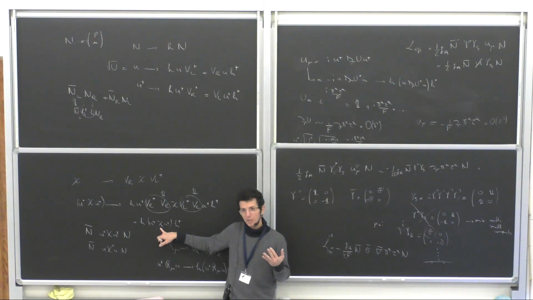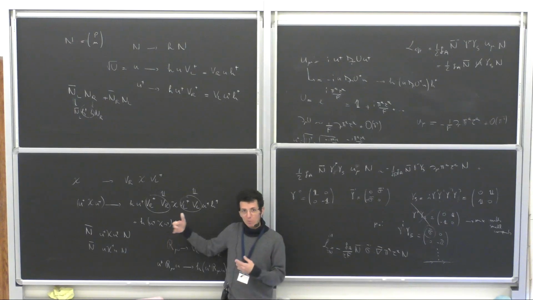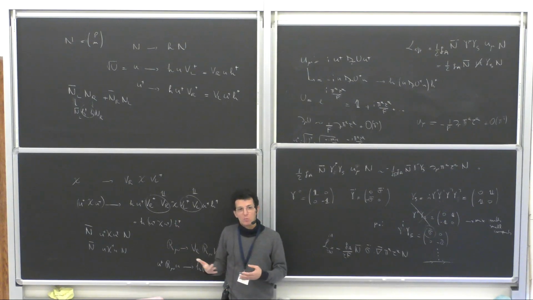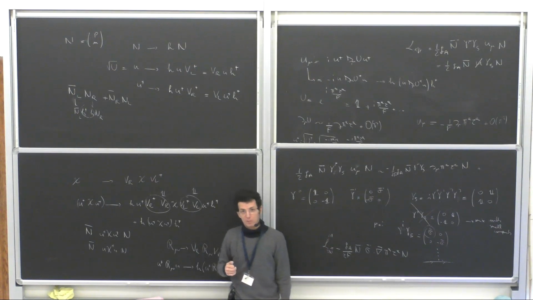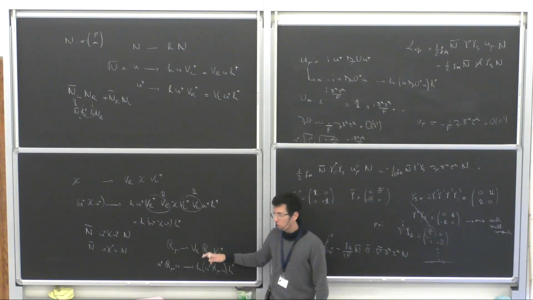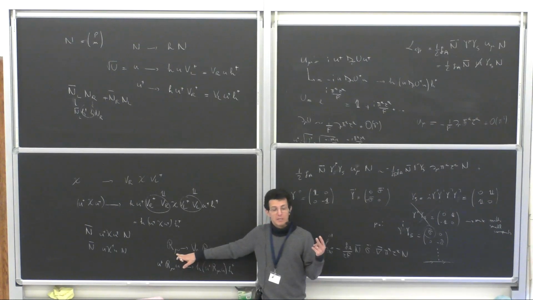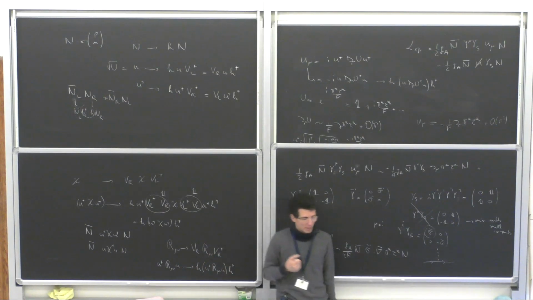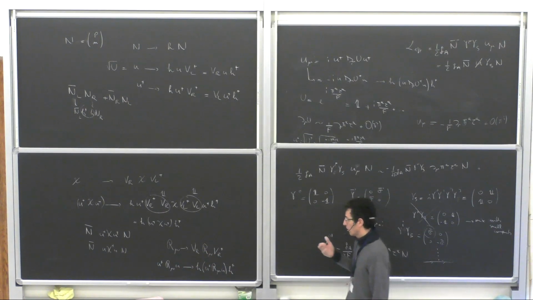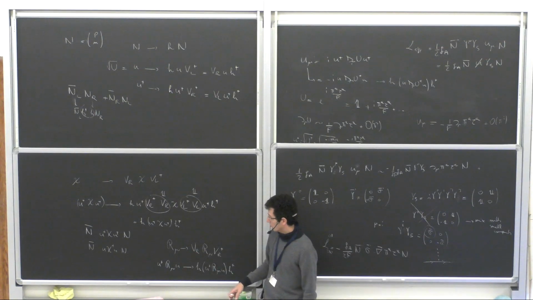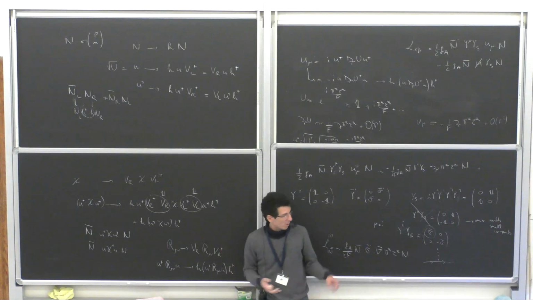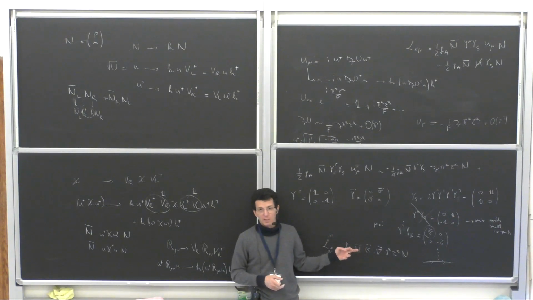So these are also small effects. The more factors of chi you include, the higher the order in the effective Lagrangian. You can forget this in the first instance. Also, the external sources are order p squared in the counting, as we saw yesterday, because they involve two derivatives, or one derivative and one external source, so two powers of small momenta. So, for instance, they will not appear in the L1.